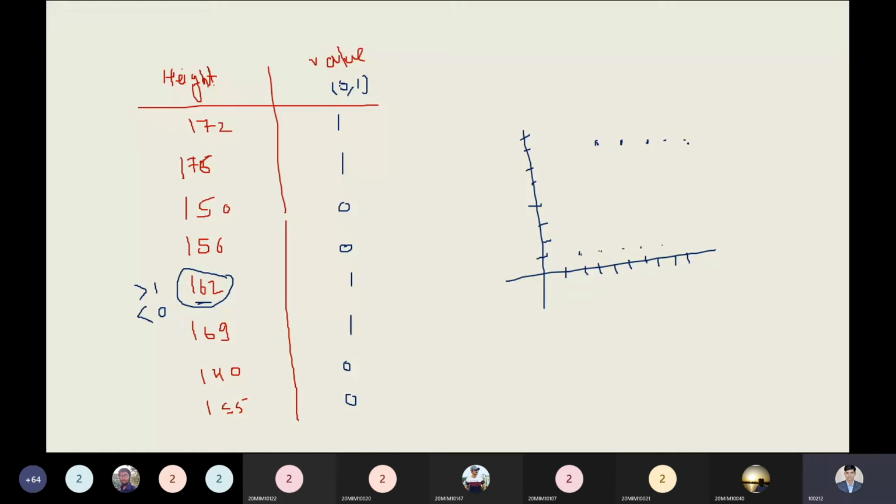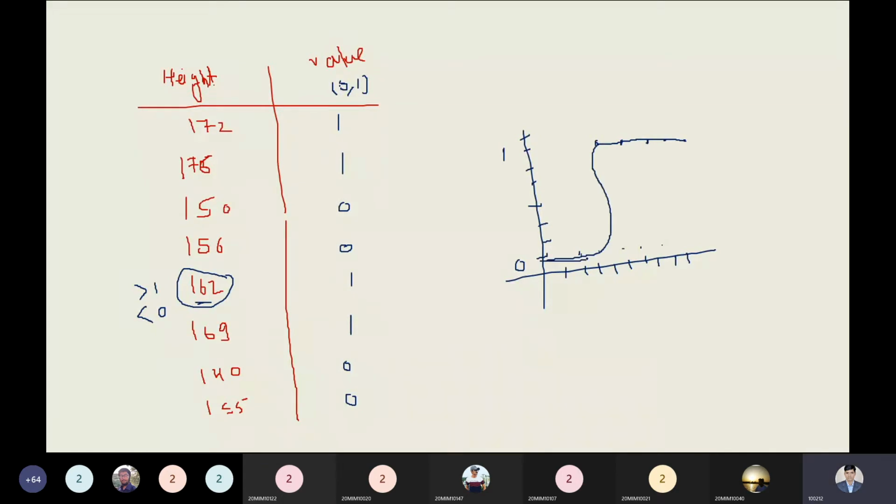So you can say the data points which are more than 162 come into one part. So this will be considered as a 1. This will be considered as a 0.